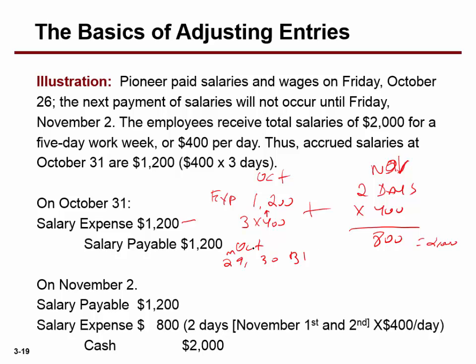That's Monday, Tuesday, Wednesday, and then in November, the Thursday, the 1st, and the Friday, the 2nd, right? And so for November, my payroll expense is what? Just 800, right? I already took the expense for October, didn't I? The end of October. Right?